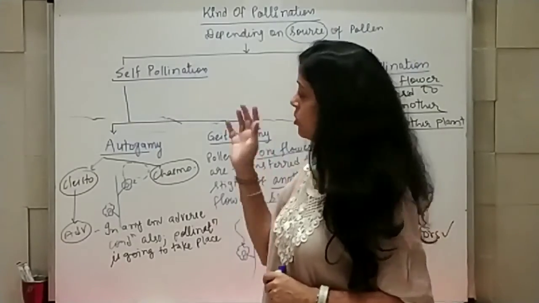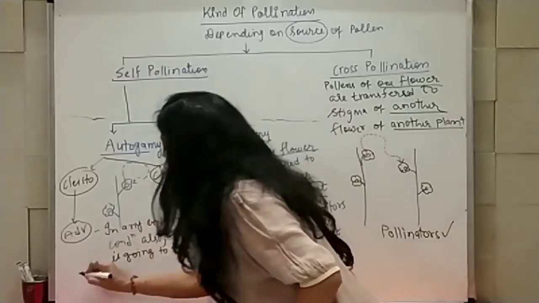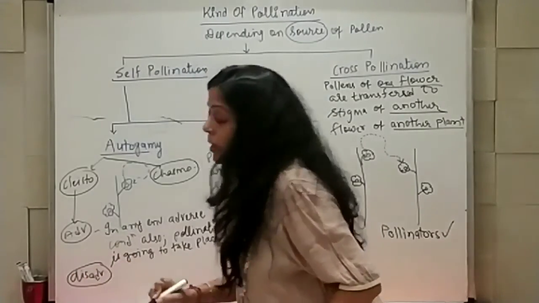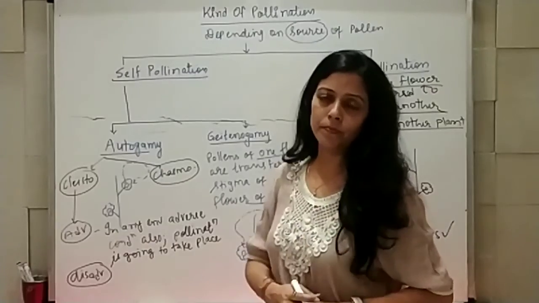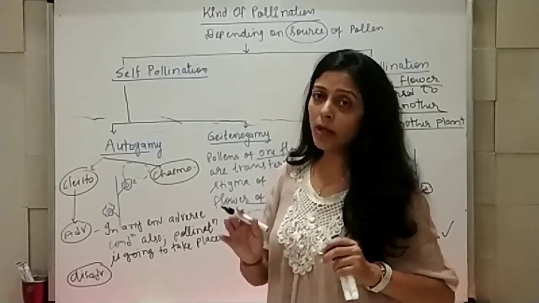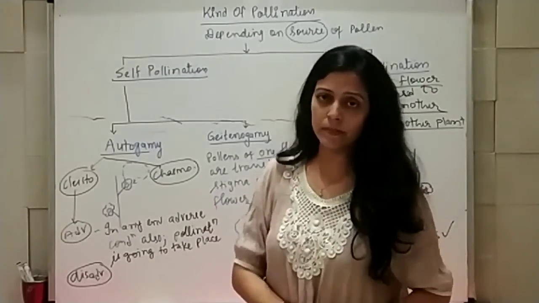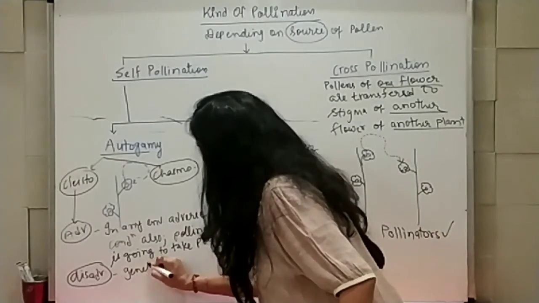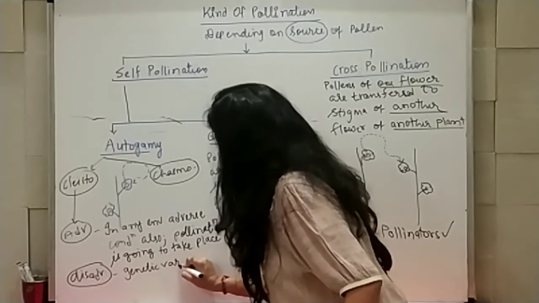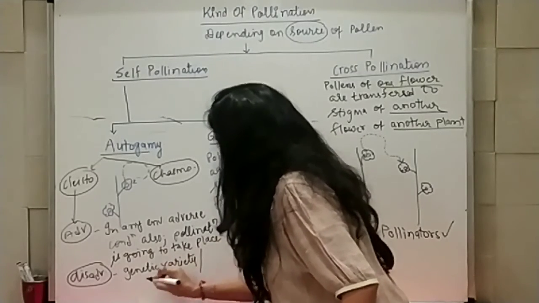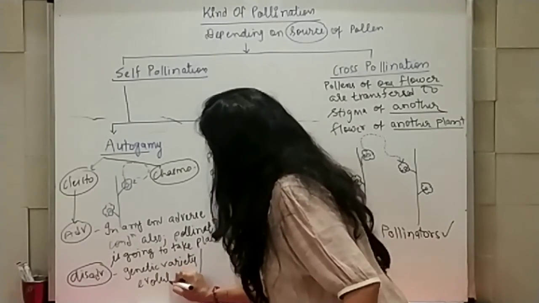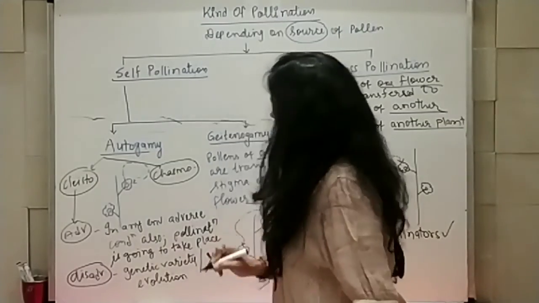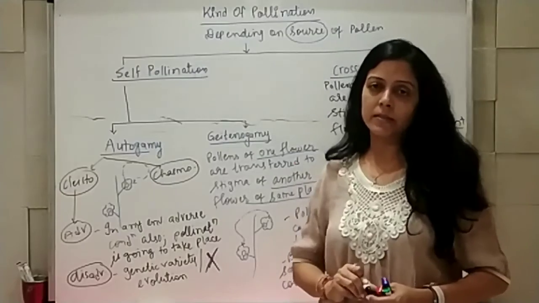What is the disadvantage of this process? So the disadvantage is, as the flower never blooms, they are not going to have pollens from other sources, and because of that, genetic variety, or maybe you can say evolution, is never going to happen in such type of flowers.